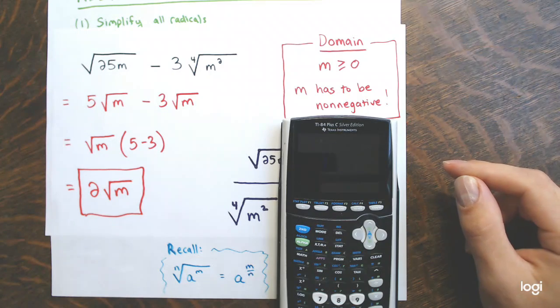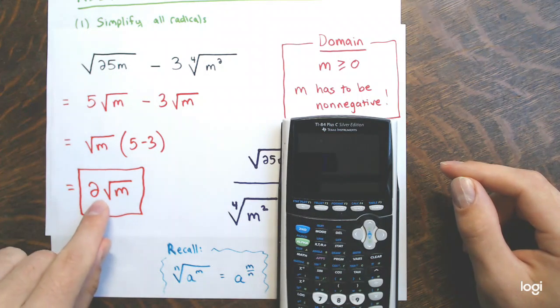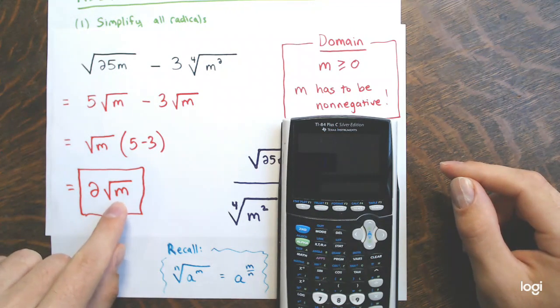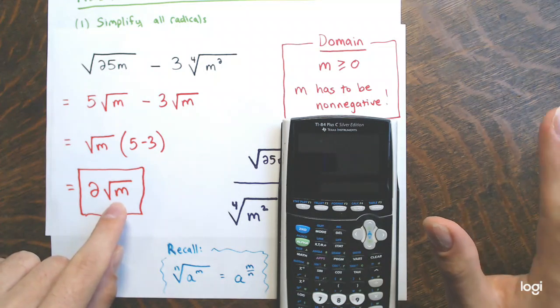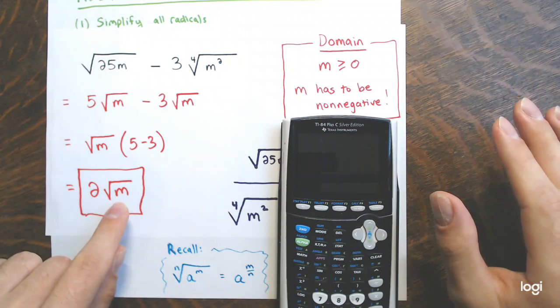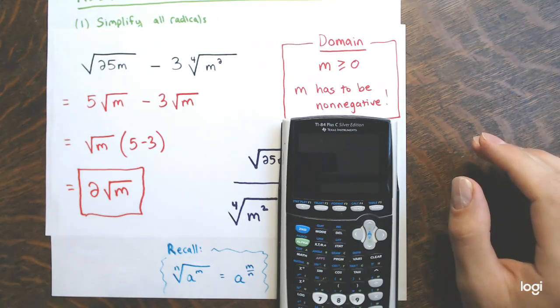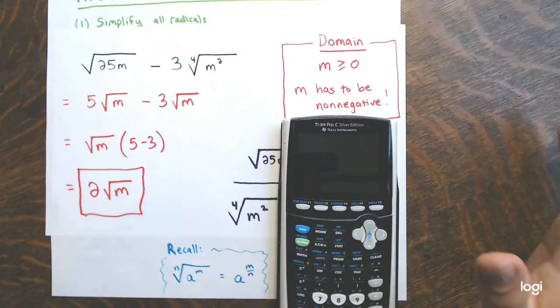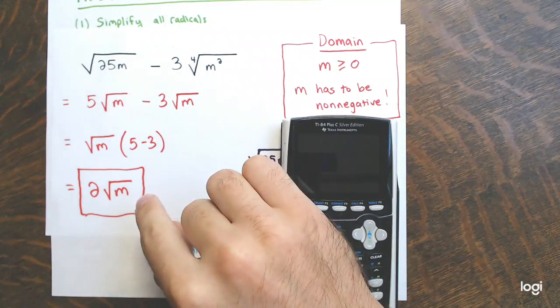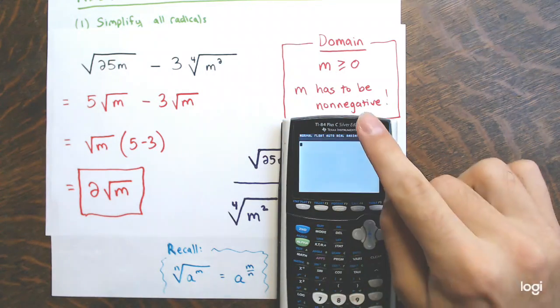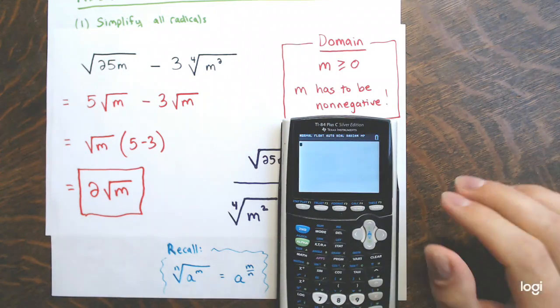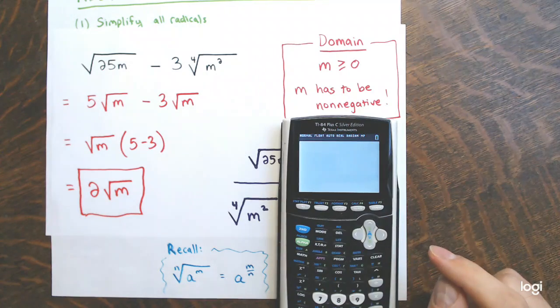Based on the way this last expression looks, I'm going to be kind of nice and put in 9, because it's a perfect square. I'm going to replace m with 9 and see what happens up here and down here, and hopefully I get the same thing. You can try any other number you want, as long as it's not negative.